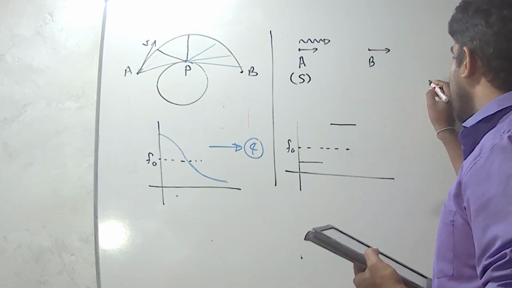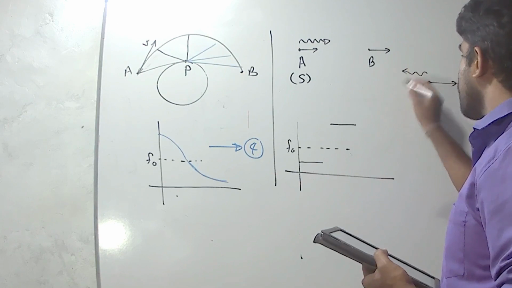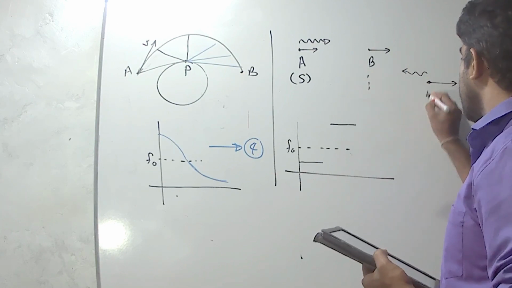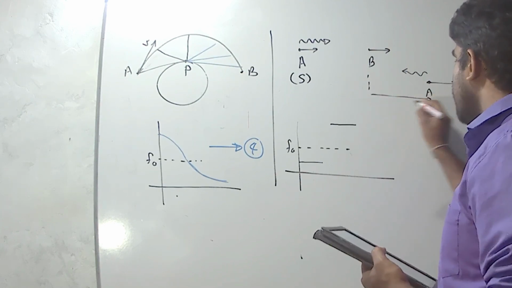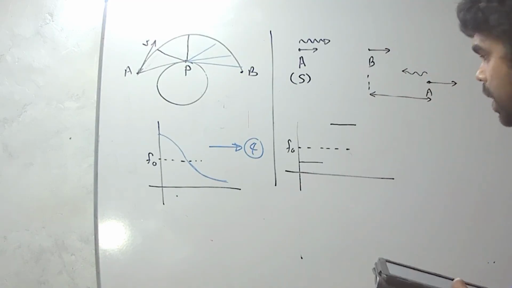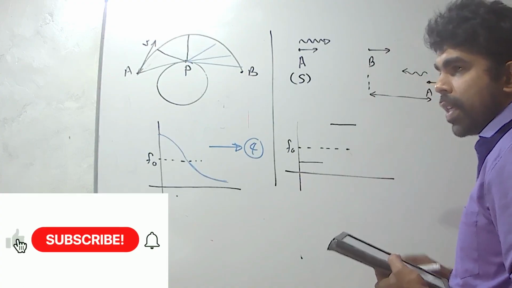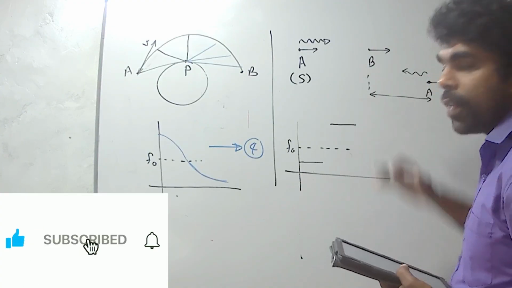After passing B, the gap between two cars is increasing with time. Therefore, again, we can observe a frequency less than actual frequency.